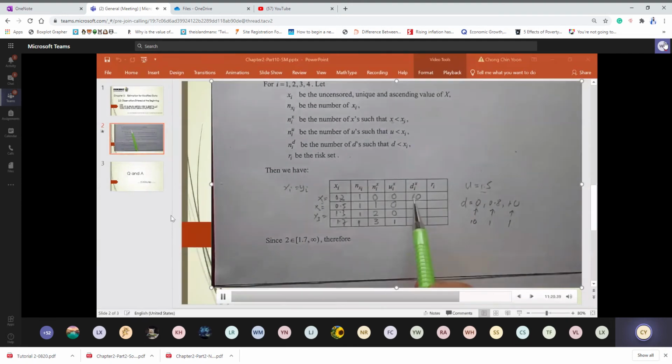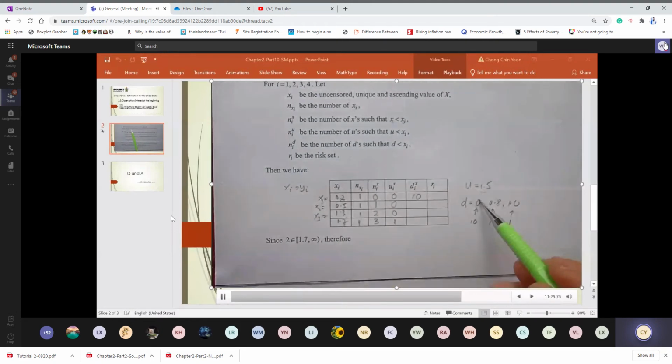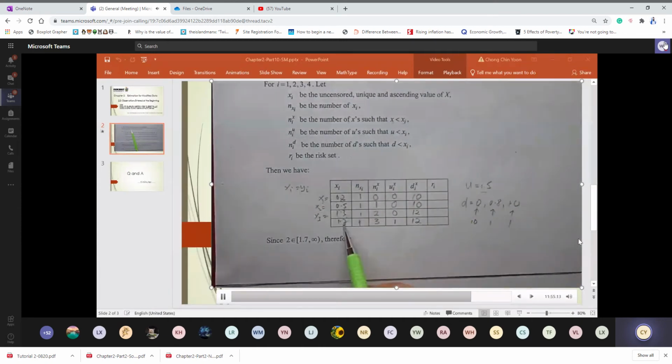How many d values are less than 0.5? I have 10. How many d values are less than 1.3? I have altogether 12. And the last, how many d values are less than 1.7? Again, I have 12.